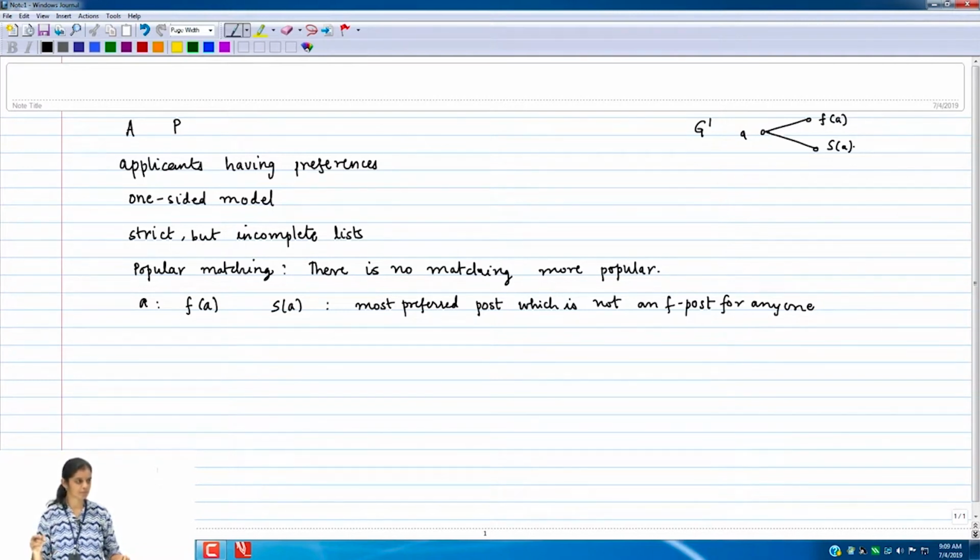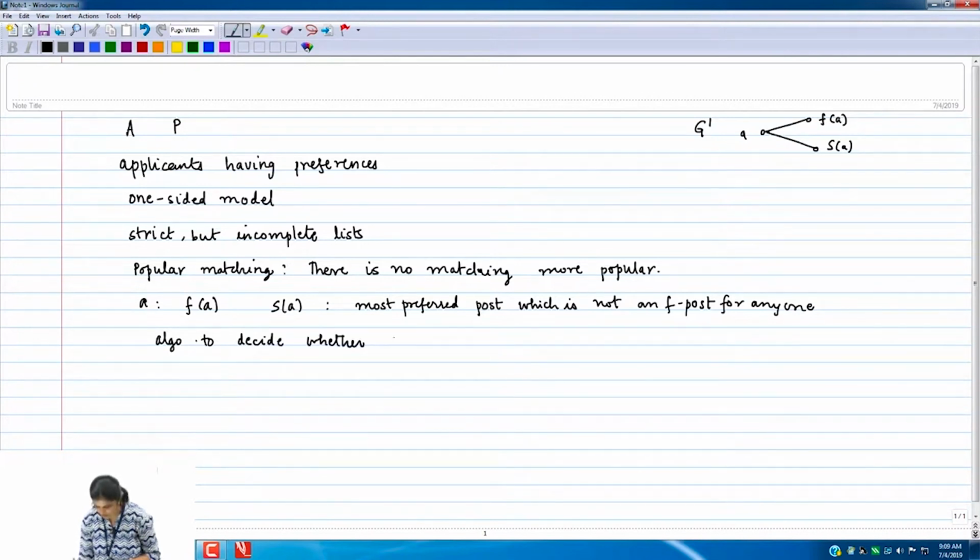So you may have to do some post processing by looking at the matching and then changing some of the matched edges. So we know an efficient algorithm to decide whether G admits a popular matching and compute one.